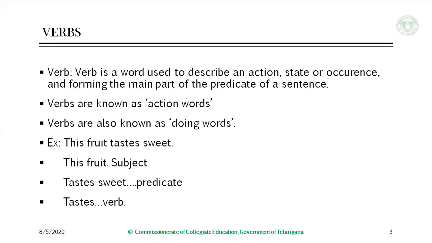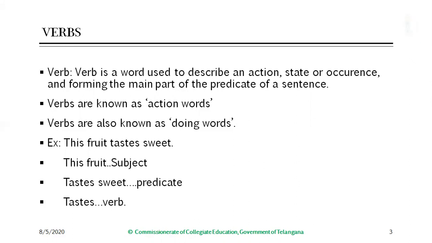Moreover, it forms the main part of the predicate of the sentence. Verb is an integral part of the predicate. Without verb, we cannot construct a sentence. That's clear. Verbs are known as action words as well as doing words.